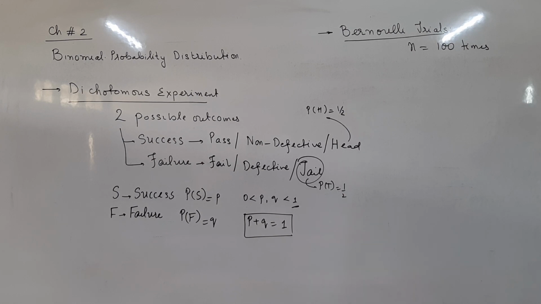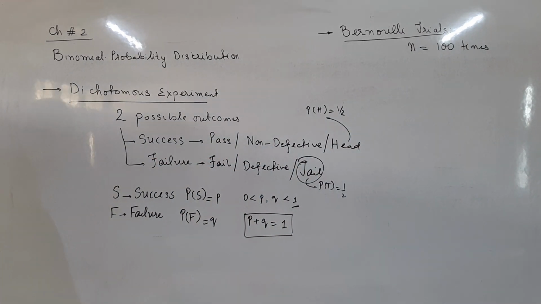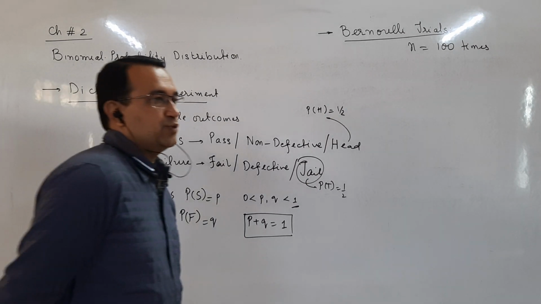Suppose the dichotomous random experiment has two possible outcomes, success and failure. If this experiment is repeated n times under the identical condition, the probability of success in each trial remains same or constant, then students, those repetitions of the random dichotomous experiment are called Bernoulli trials. So remember, a dichotomous experiment has only two outcomes, and out of two outcomes, we define one of the outcomes as success and another outcome as failure according to our need and convenience.